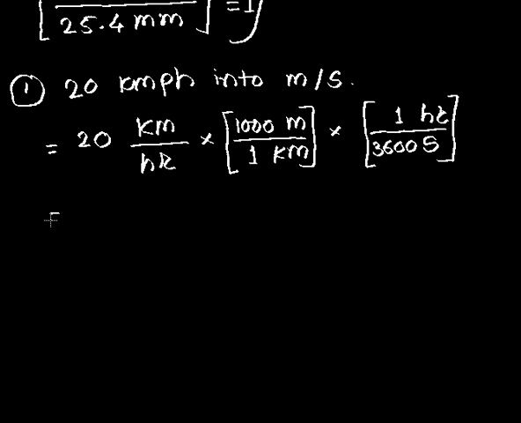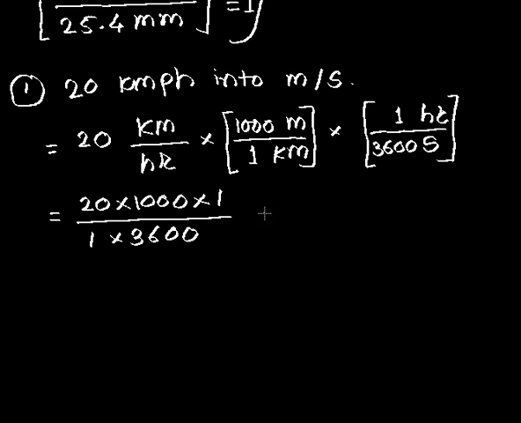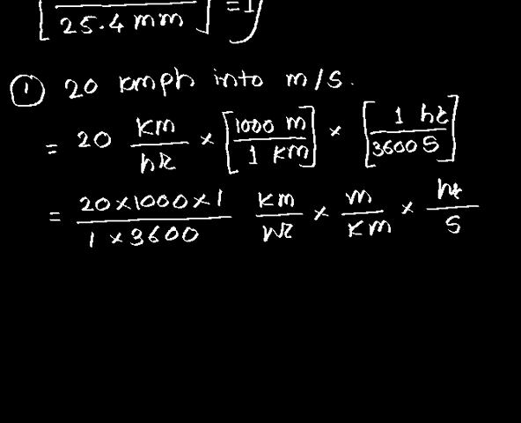Now let us take the constant values out. It will be 20, from the first bracket 1000 into 1, and in the denominator 1 into 3600, and what remains here is kilometer per hour. From the first unity bracket, meter upon kilometers, and from the second unity bracket it remains hour upon second. Now kilometer gets cancelled, hour gets cancelled.